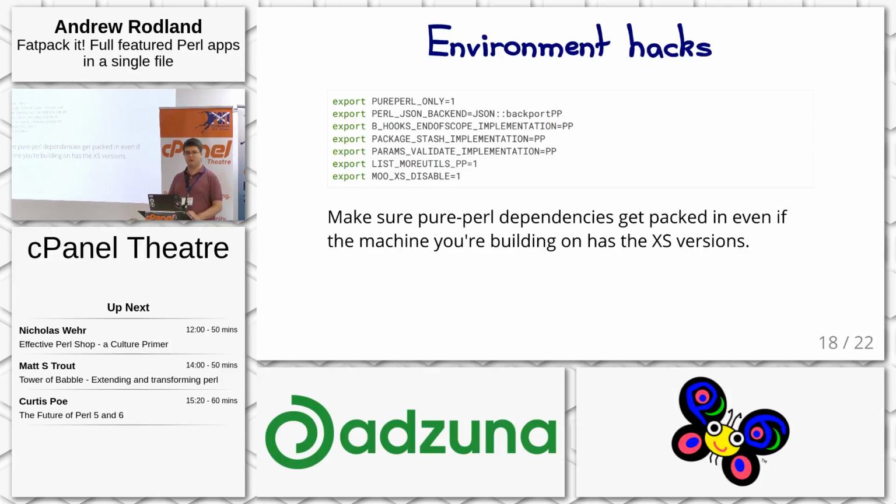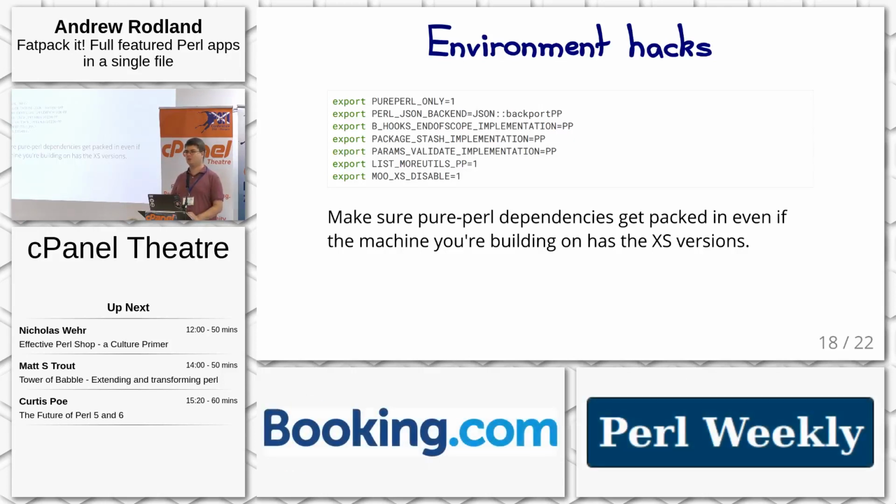In theory, the first one there, pure Perl only equals 1, would work for everything on the planet. We don't live in that ideal world. Here's a collection of other ones that I can recommend to force various modules that are either pure Perl or XS into their pure Perl flavors, so that when you build, you will bundle the pure Perl version, and they will be in the fatpack for your users to use.